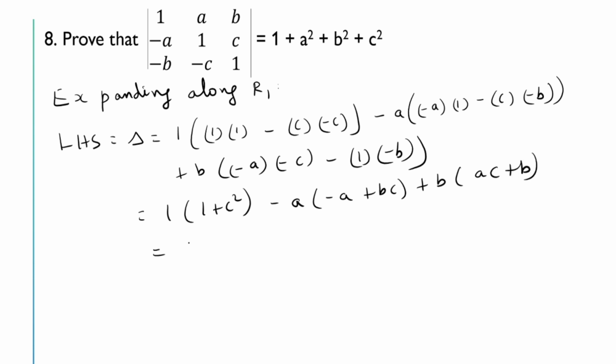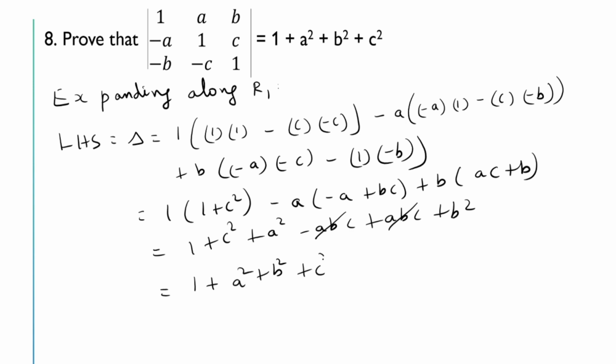So let us simplify, we get 1 plus c square plus a square minus abc plus abc plus b square. So minus abc plus abc will go. This is equal to 1 plus a square plus b square plus c square. This is equal to the right hand side. So we got this determinant is equal to 1 plus a square plus b square plus c square.